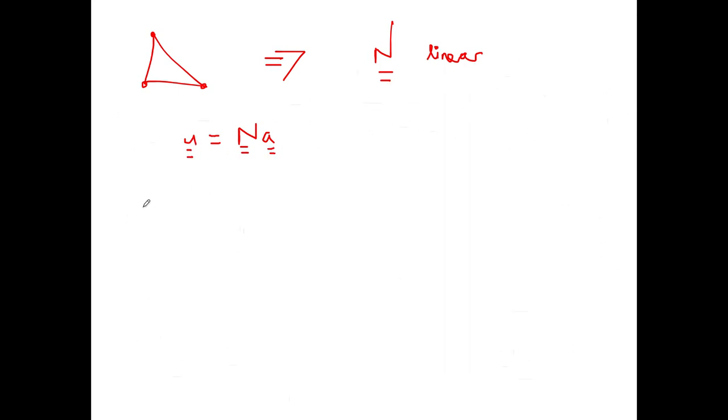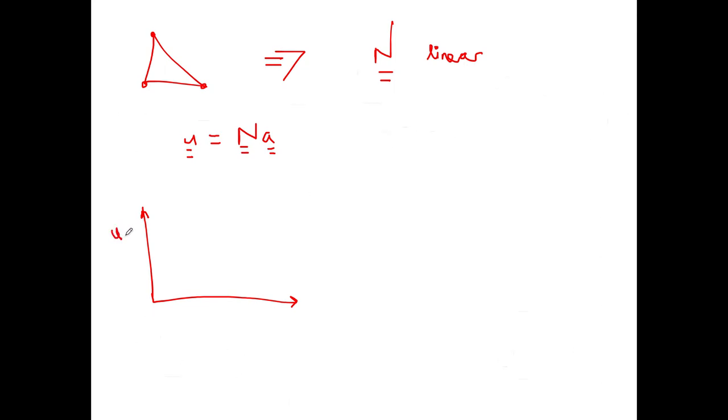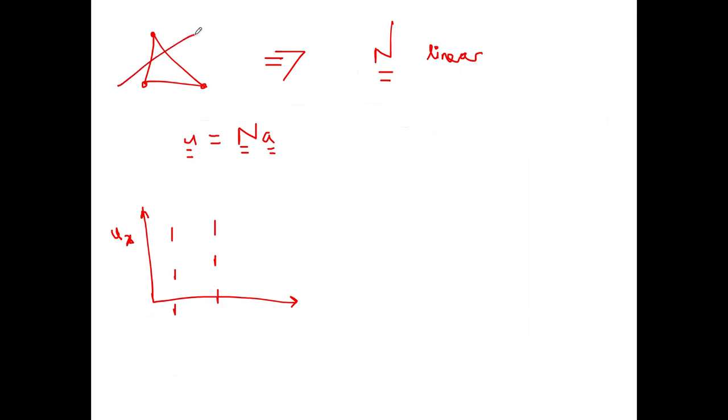So if I do plot my displacement, let's say I'm going to plot my ux variable. Note that I can only plot one at one time, so either ux or uy over some element boundaries. So these are my element boundaries. Maybe I was going through a line like this, a line profile.